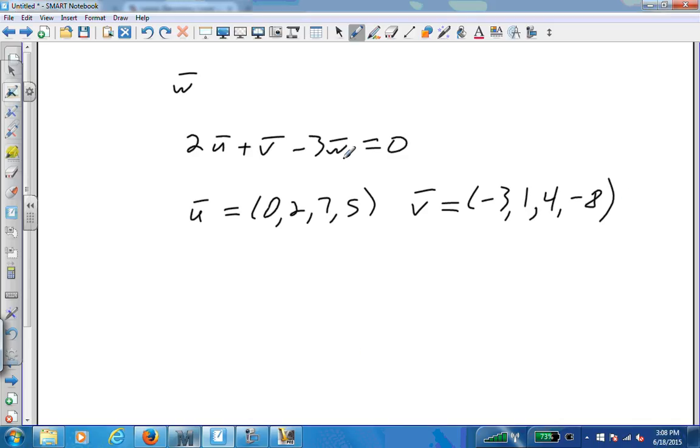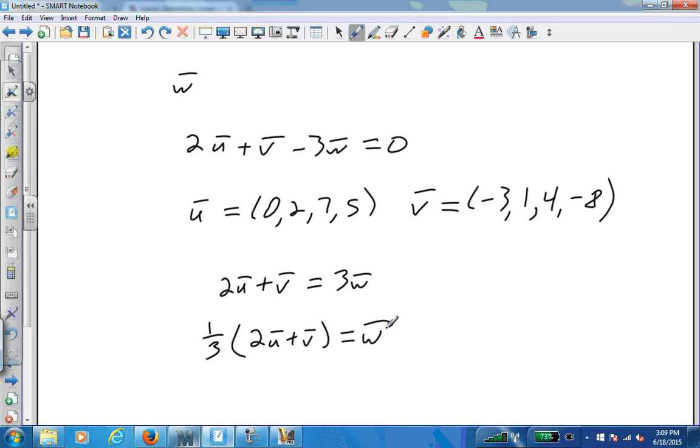So essentially, we can rewrite W as a linear combination of these vectors. If we solve this for W, we can add 3W to both sides, then divide both sides by 3, or multiply by the scalar 1/3. So this gives us how W is related to U and V as a linear combination.